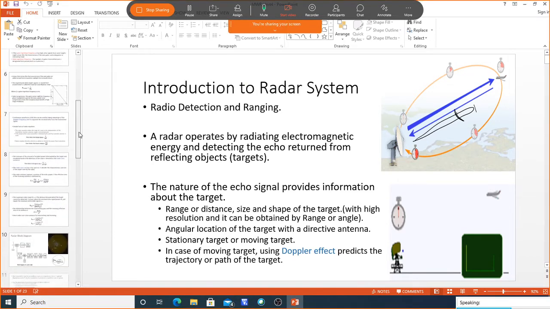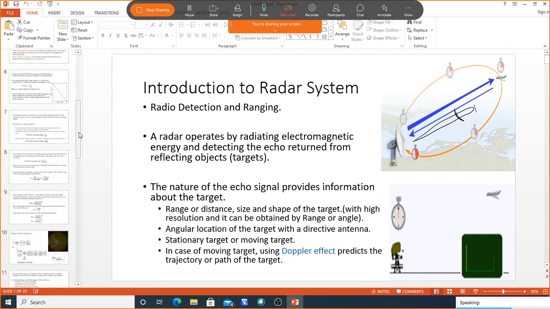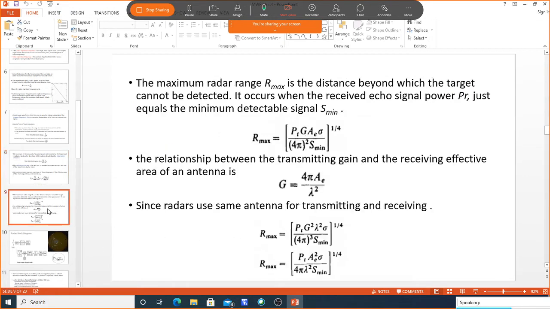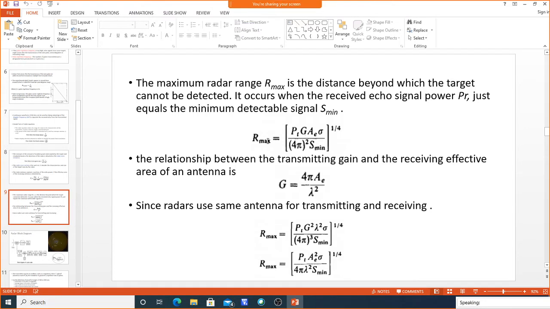So in the last class we discussed the introduction, and how the radar device or radar system operates. We also saw the simple form of the radar equation, where we can find the maximum range for the minimum detectable signal.